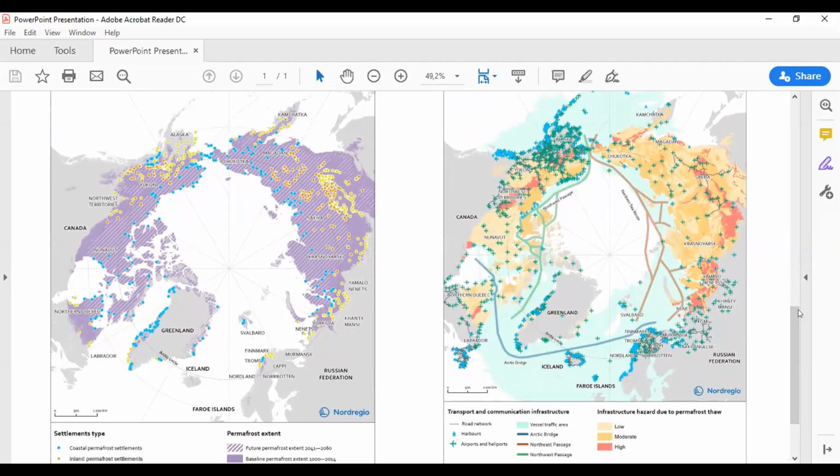Based on this layer, we also looked at how many airports, roads and harbors are located in this zone of infrastructure hazard. And we calculated that approximately 22,000 kilometers of roads will be affected by permafrost thaw.